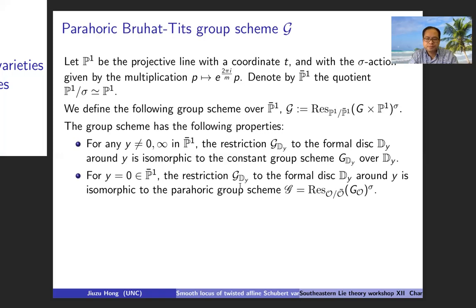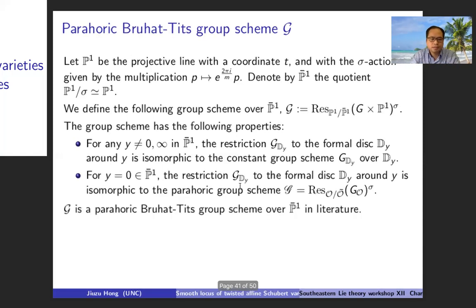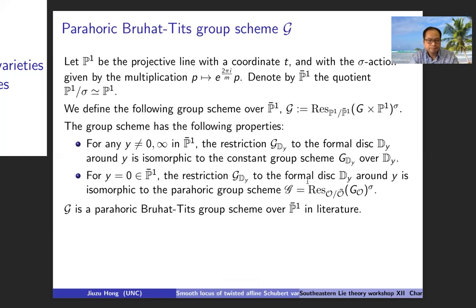So we get a family of groups, a group scheme over P1 bar. At different points, we get our familiar objects, and at infinity we also get a similar parahoric group scheme. Such a group scheme over P1 bar is called a Bruhat-Tits group scheme in the literature.